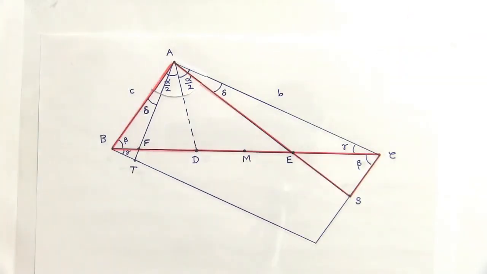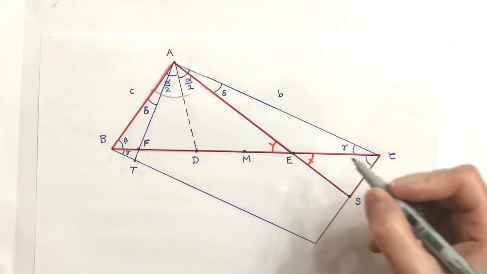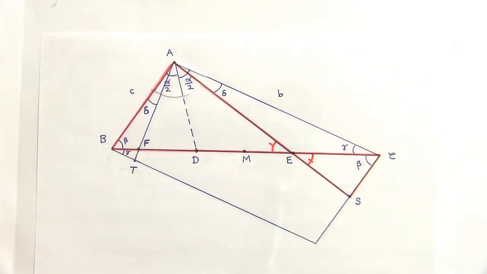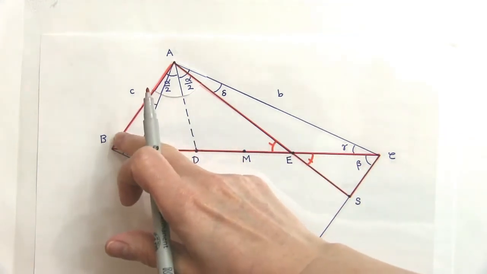And my observation number 5 is similar to observation number 3. I have this pair of similar triangles here. I know that this angle is equal to this angle because vertically opposite angles are equal. And then these two triangles also share the same angle beta right here.